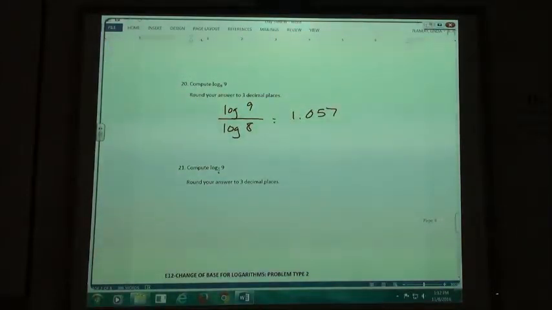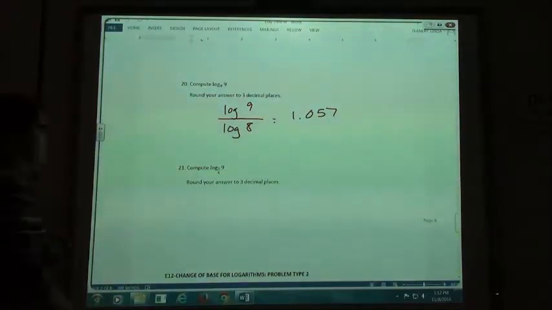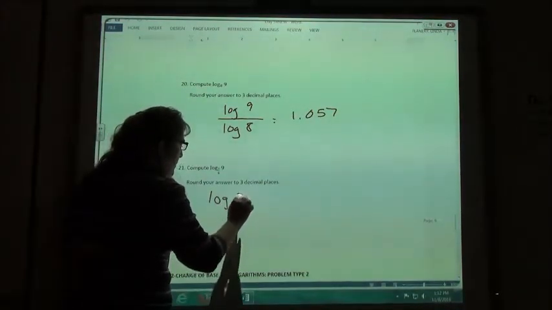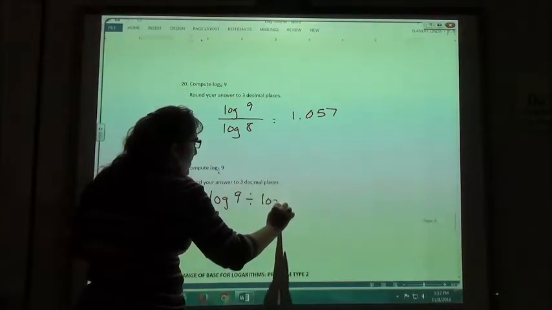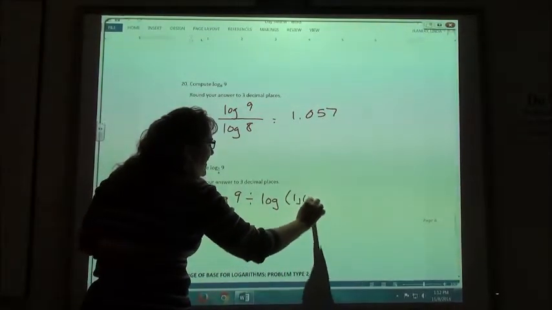-1.226. That's what I got. -0.815. Oh, you did it backwards. You have to do the log of the 9, which is on the outside, divided by the log of the base. The log of 9 divided by the log of 1/6.